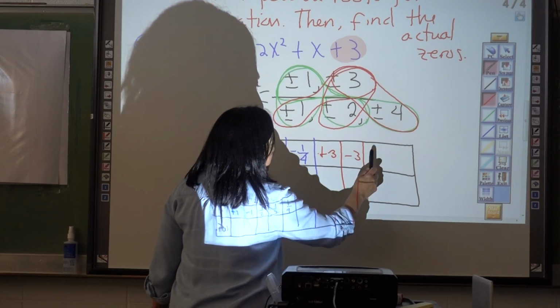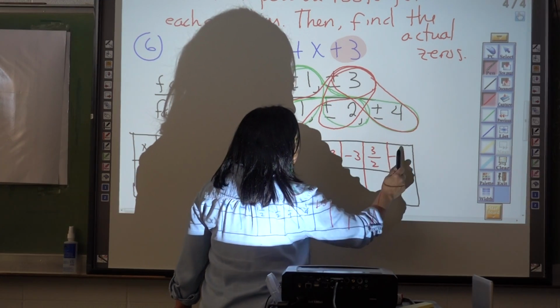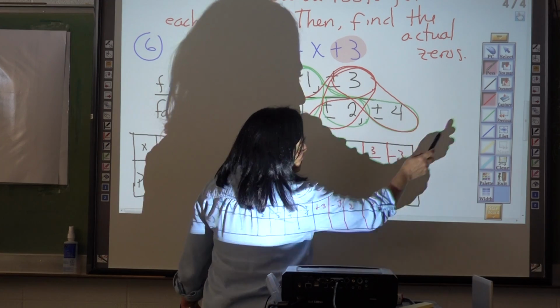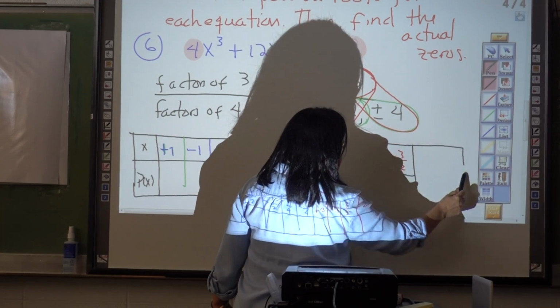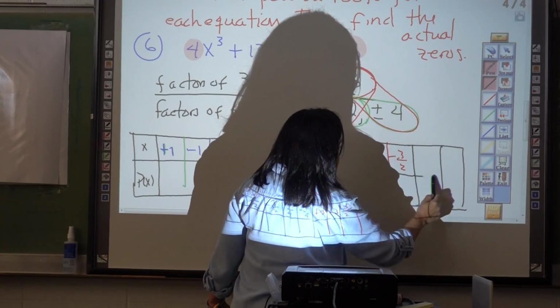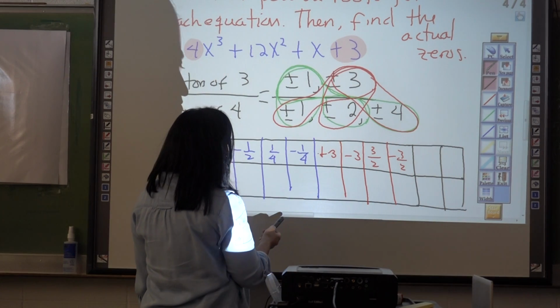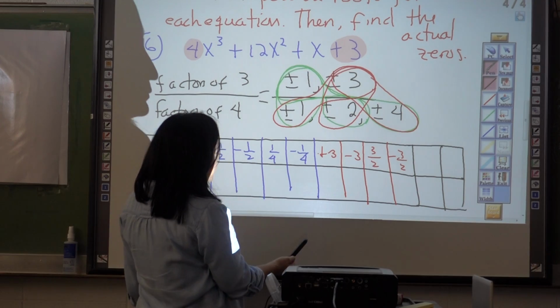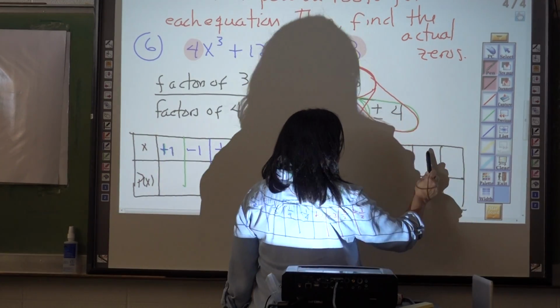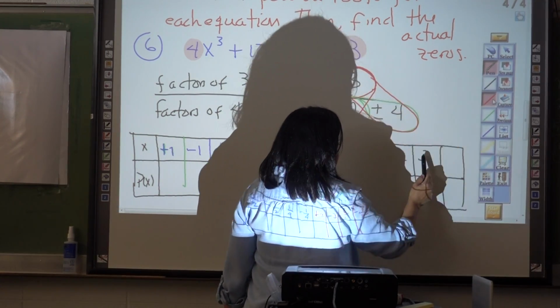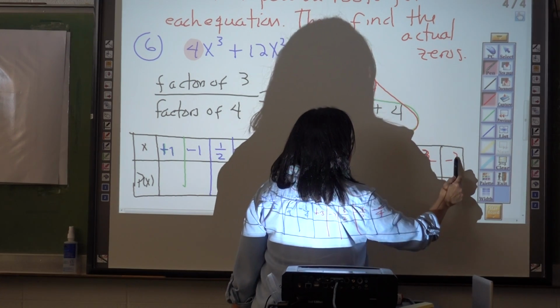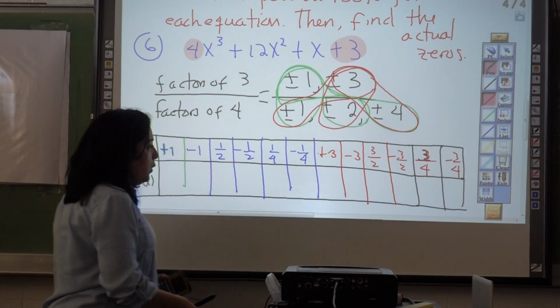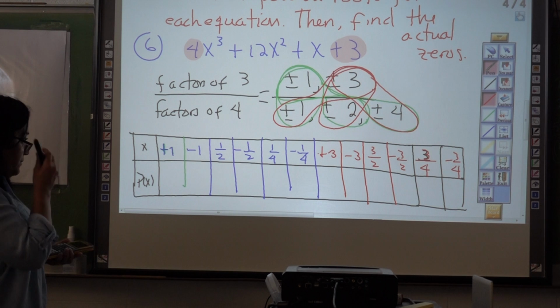From here, getting positive 3/2, negative 3/2, and I'm going to need a little more space here to add 3/4 and negative 3/4. We don't have any repeating, right? Now, with the calculator, this is going to be easier.